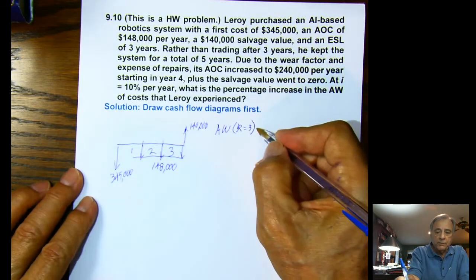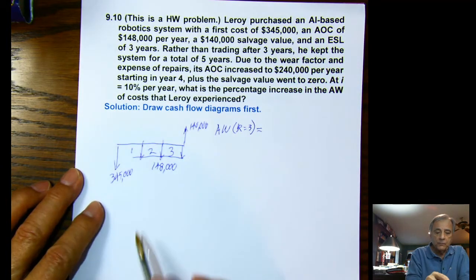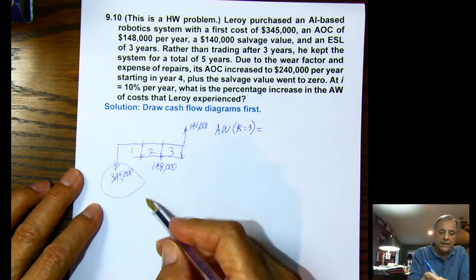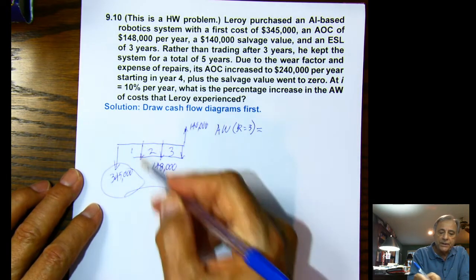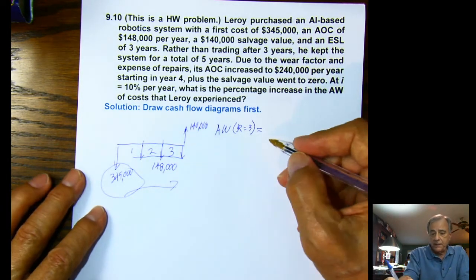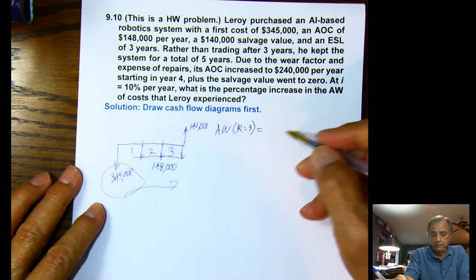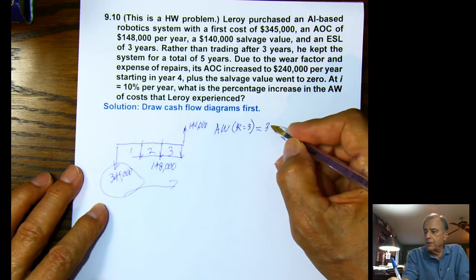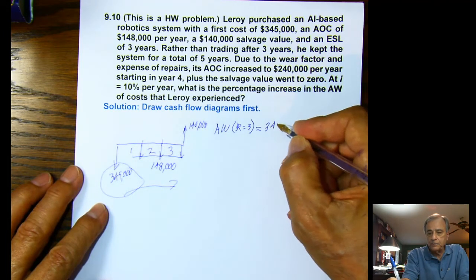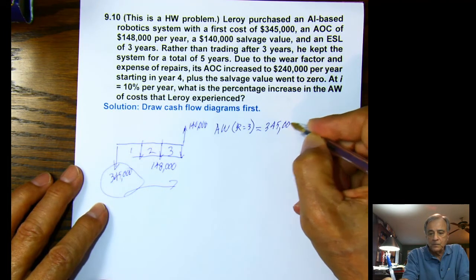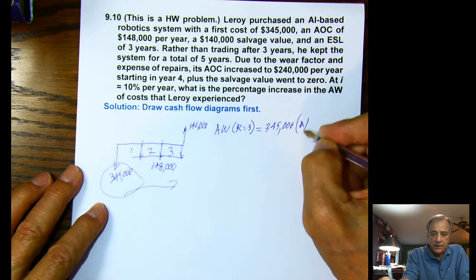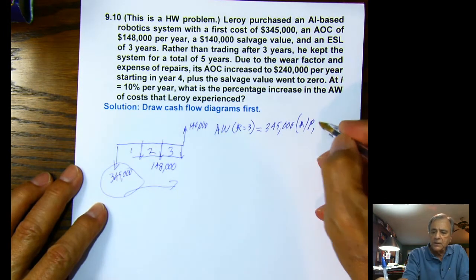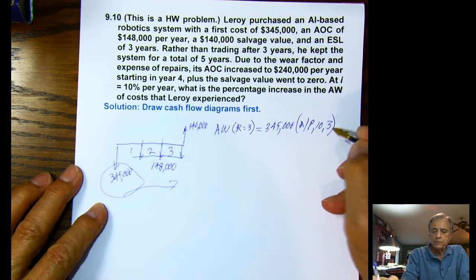Okay, well that would be equal to take this $345,000 and spread it over the 3 years forward, A given P. So this would be $345,000 A given P. The rate is 10% for 3 years.